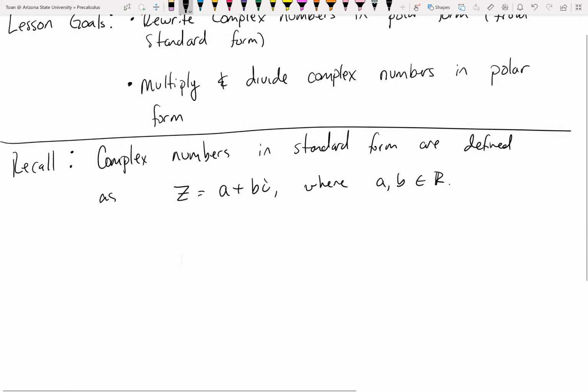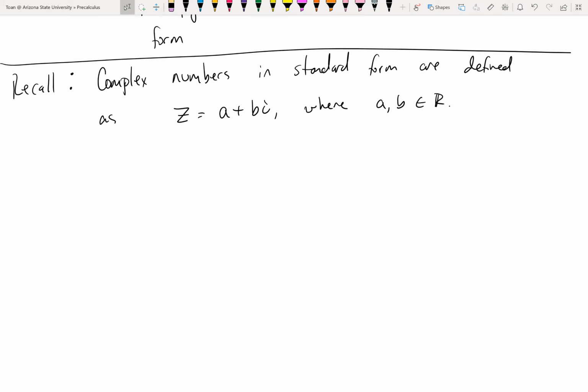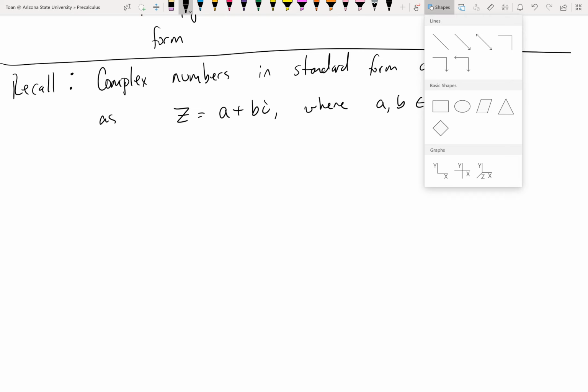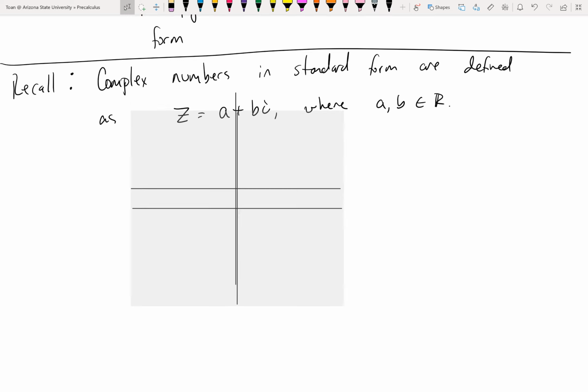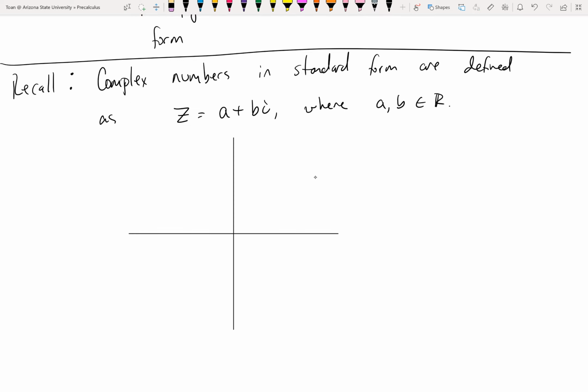Now remember that we are able to actually plot complex numbers, and we plot them not on a coordinate grid, not on a Cartesian plane, but on a complex plane, also known as an Argand plane. However, although the names are different, their structures are basically identical. Instead of having an xy axis, you have a real and an imaginary axis.